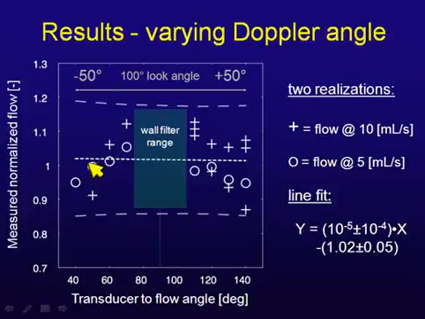So this measure is the correct match, and the reason we did it this way is we have two different flow rates on here, 5 millimeters a second and 10 millimeters a second. So the perfect match would be 1, and you can see that the distribution is well within 10%, or very close to 10% in the upper limit, of an error for the correct value, independent of the flow velocity.